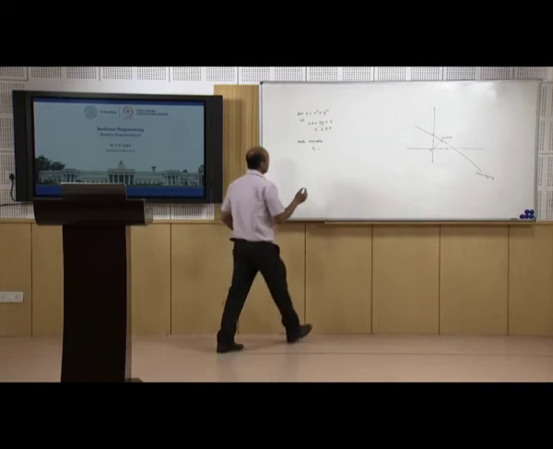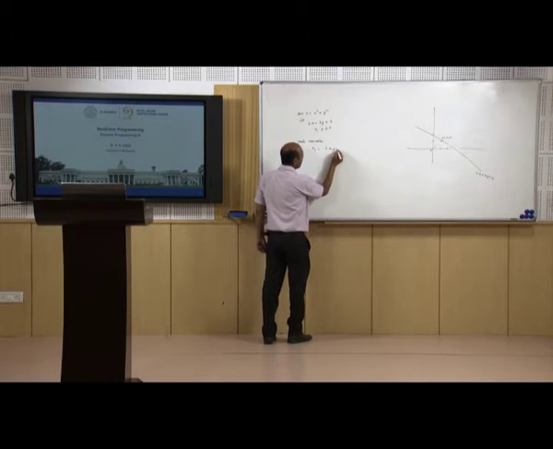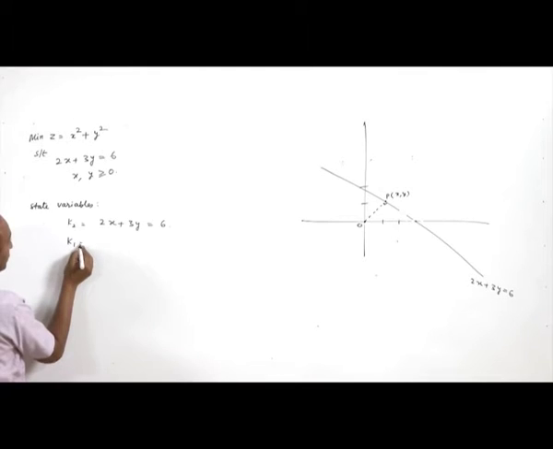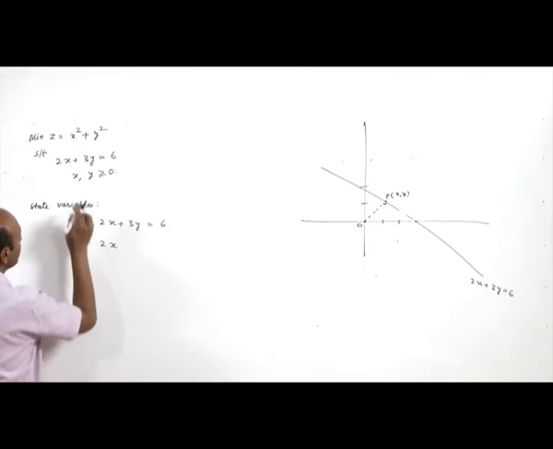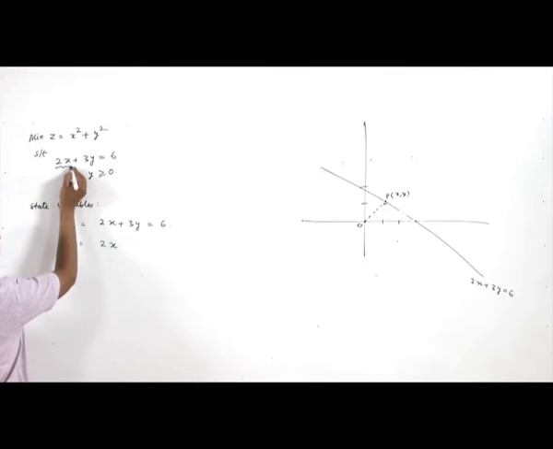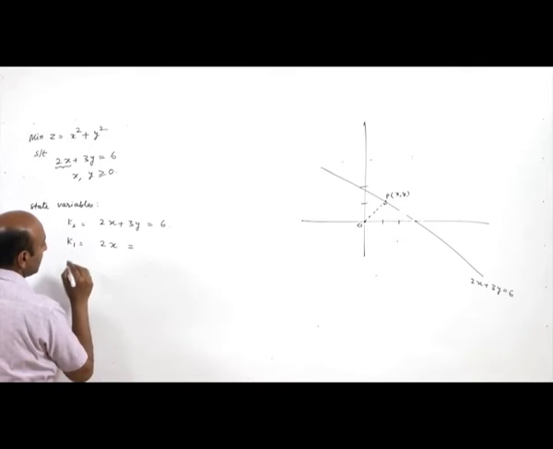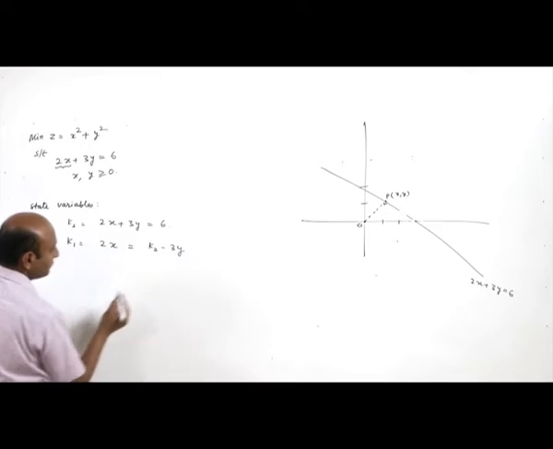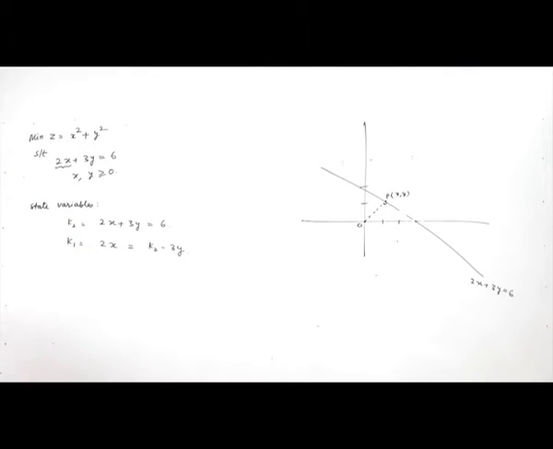Okay. So, k2 will be 2x plus 3y, which equals 6, and k1 will be equal to 2x. And this 2x is equal to k2 minus 3y.